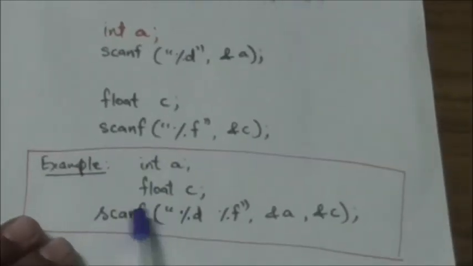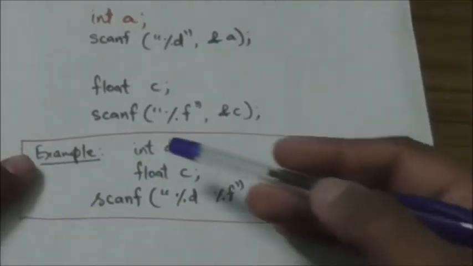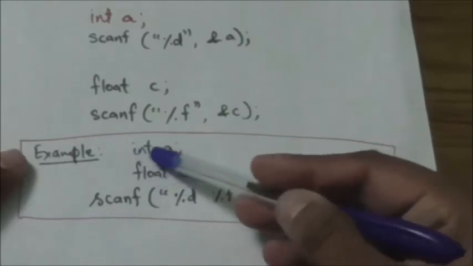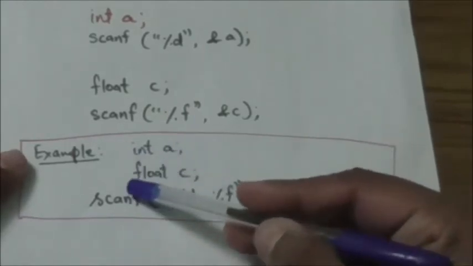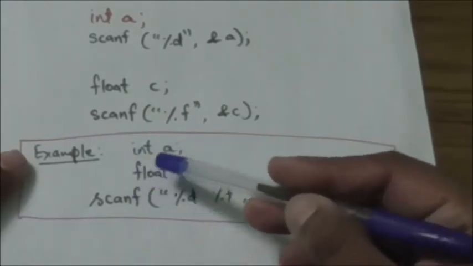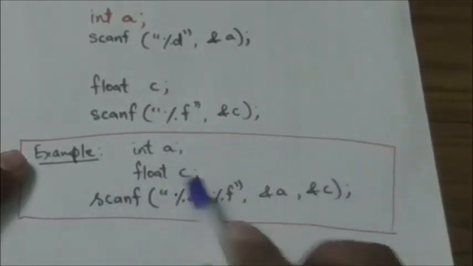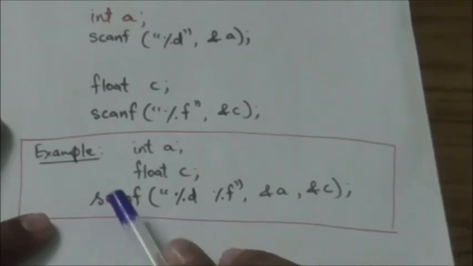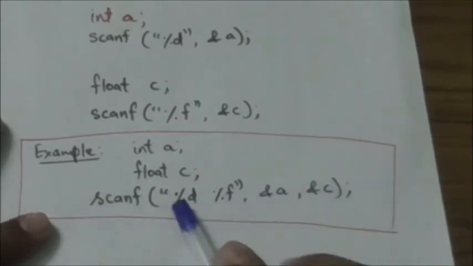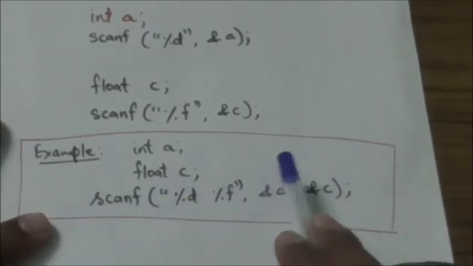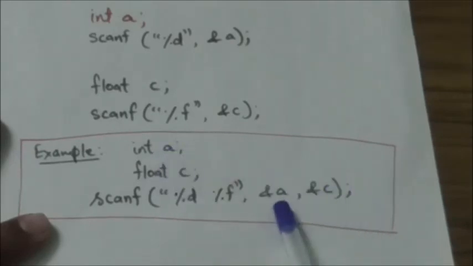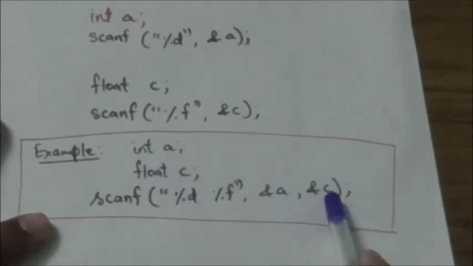Now see this example, now see this statement. Here I have declared an integer type variable a. Here I have declared a floating point type variable c. Now see this statement, right? Here you can see this scanf function. The arguments of this scanf function are the address of variable a and the address of variable c.